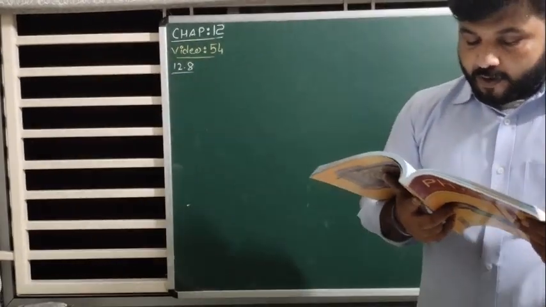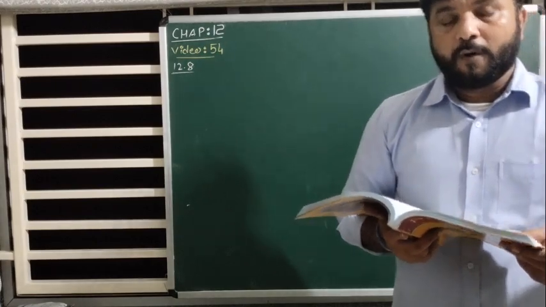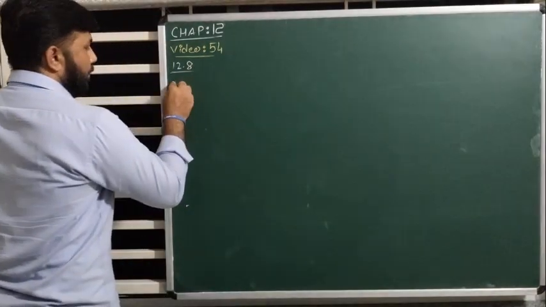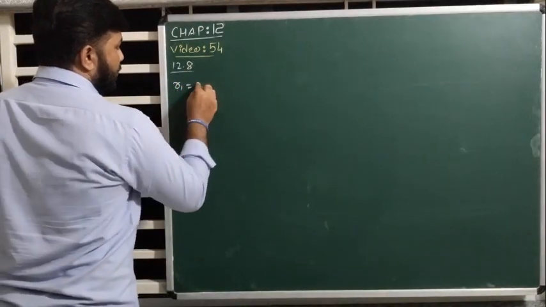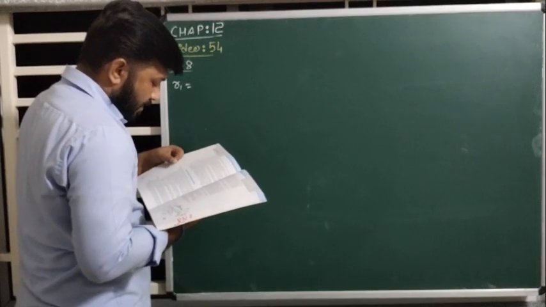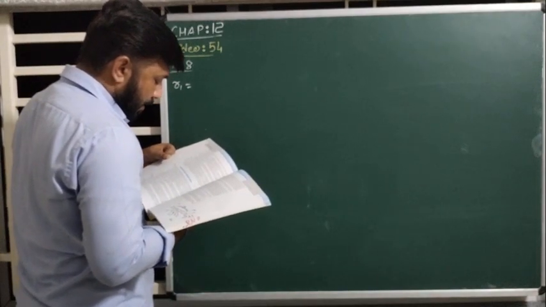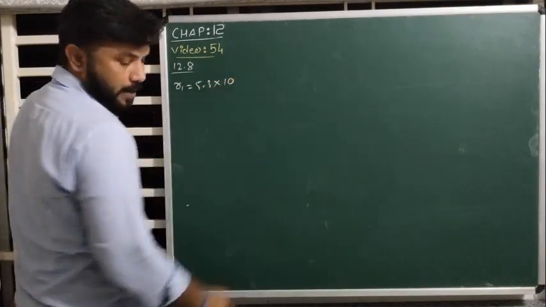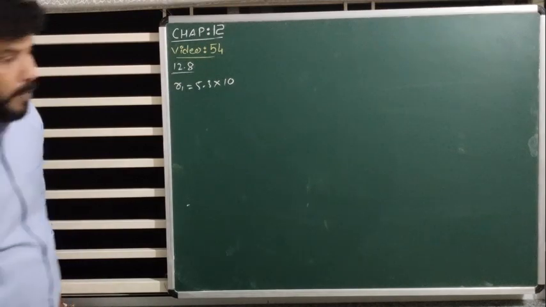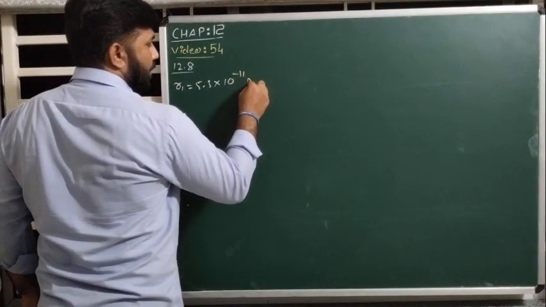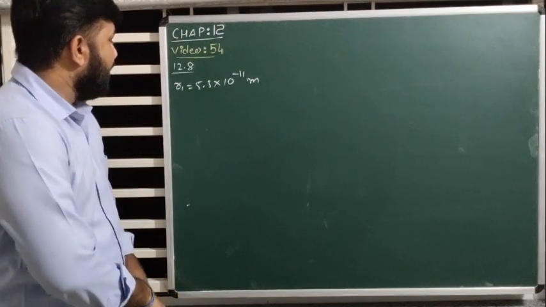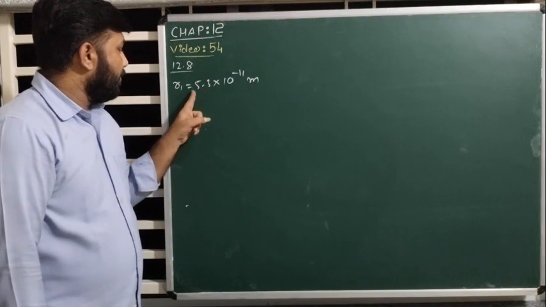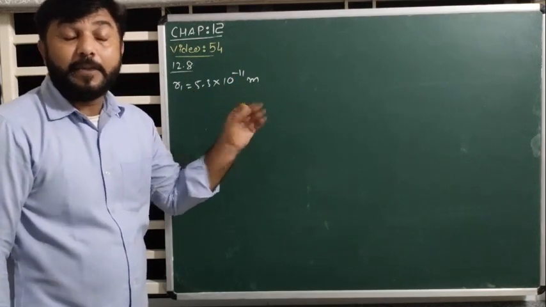The radius of the innermost electron orbit, innermost means n is equal to 1, and that radius is given, r1 is equal to, how much given? 5.3 multiplied by 10 raised to minus 11 meter. So, this value we have taken in our previous numerical, 0.53 multiplied by 10 raised to minus 10 meter.